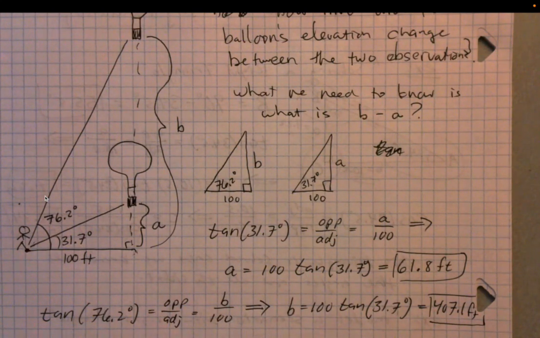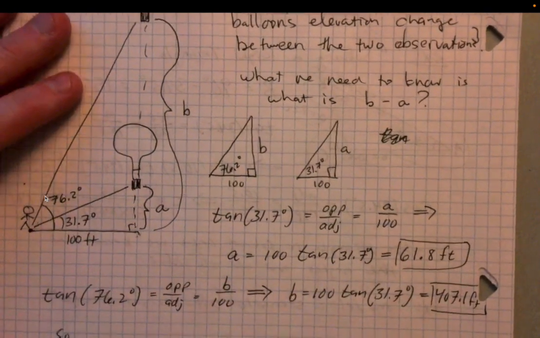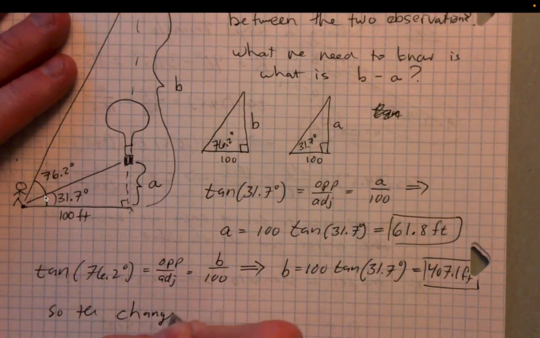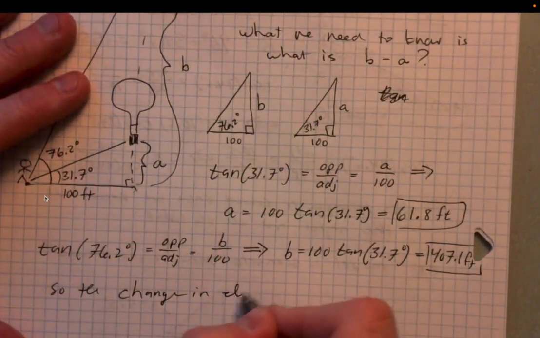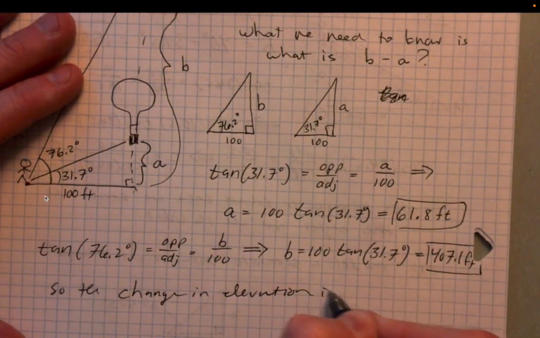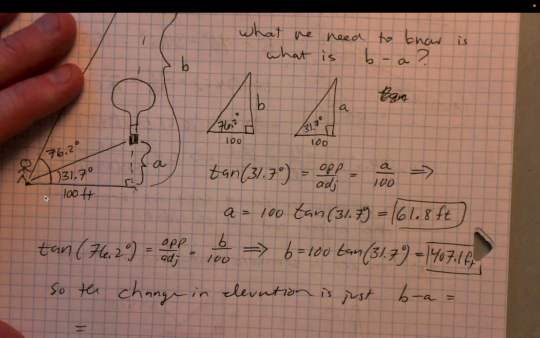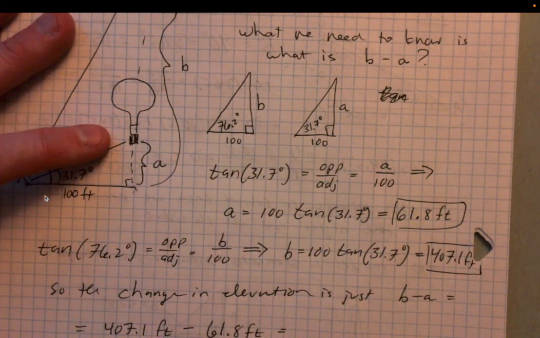Okay, and at this point you're basically done. You just need to subtract the two numbers. So we'll say the change in elevation is just B minus A, which is equal to 407.1 feet minus 61.8 feet, which, when you do that math, what do you get?